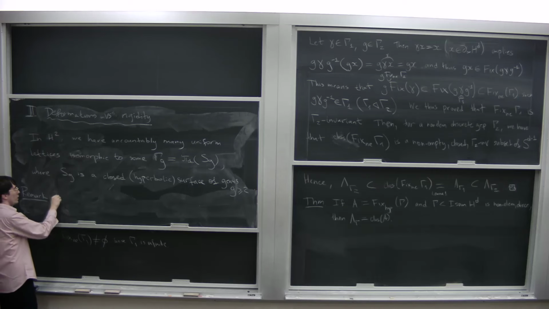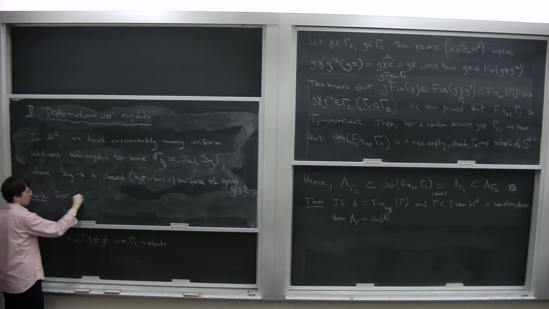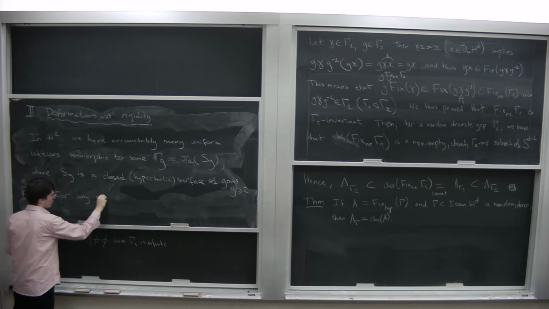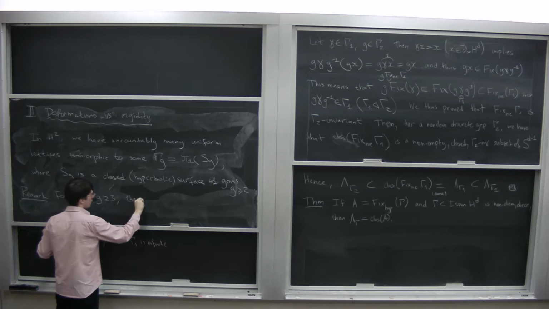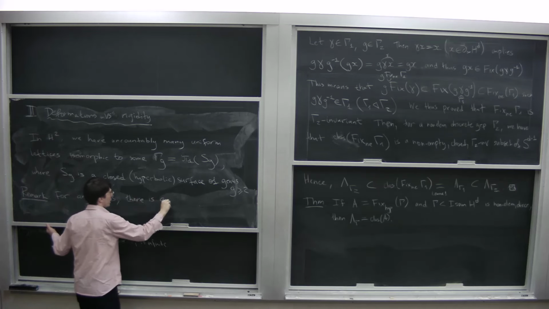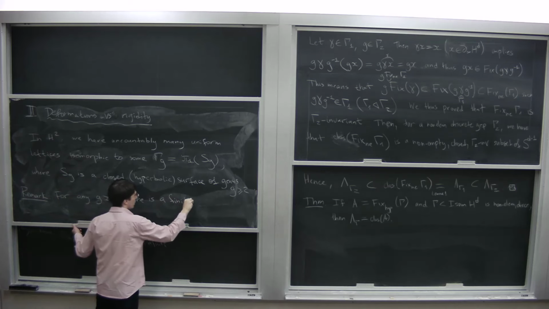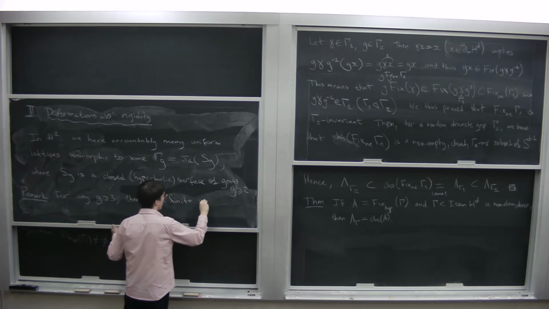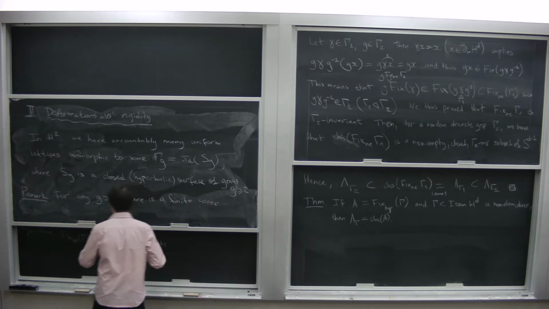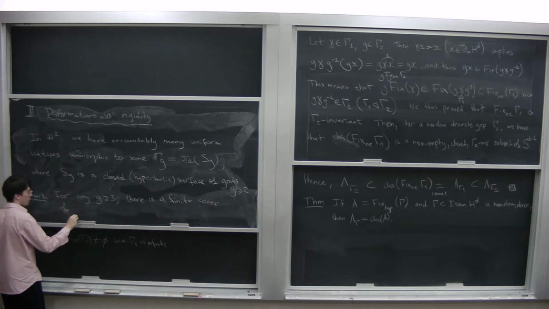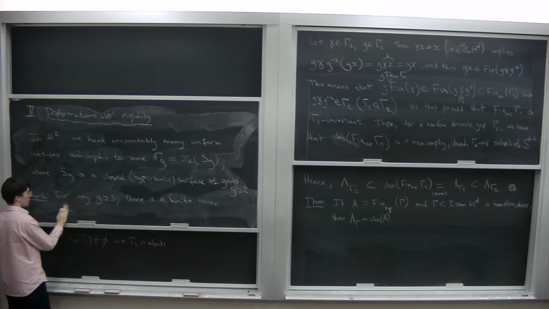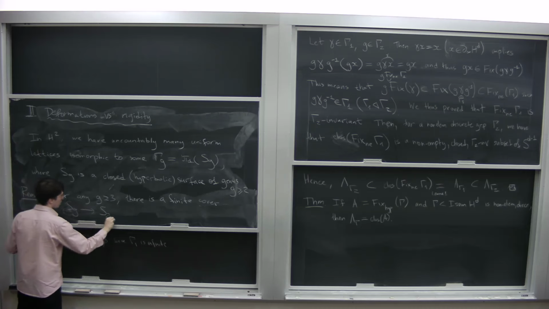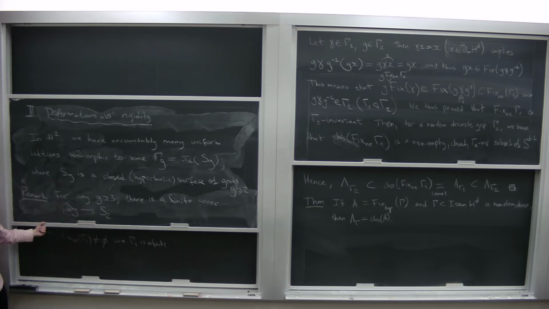For any G greater or equal than 3, there is a finite cover SG to S2, right?